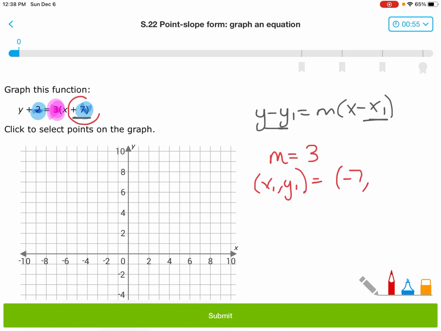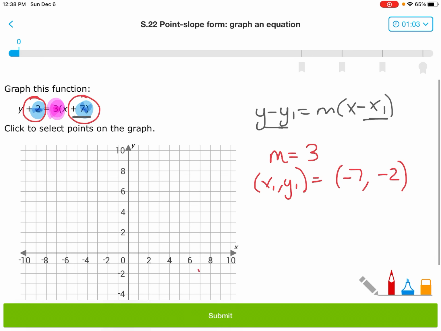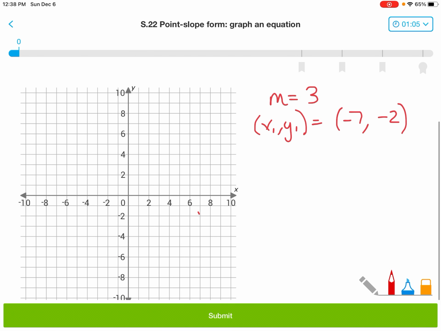So it's the opposite, plus or minus. Same with the y, the opposite, minus 2. So to graph this, I'm first going to graph that point, negative 7, negative 2, and then I'm going to use my slope, up 3 over 1, to graph my line.